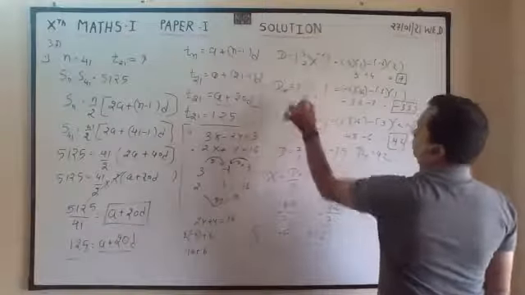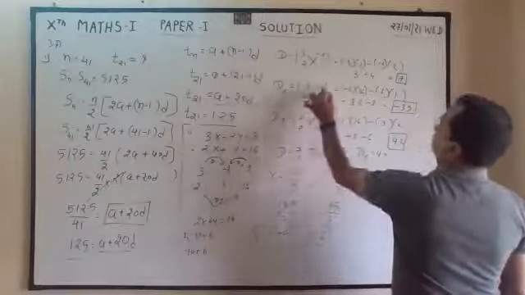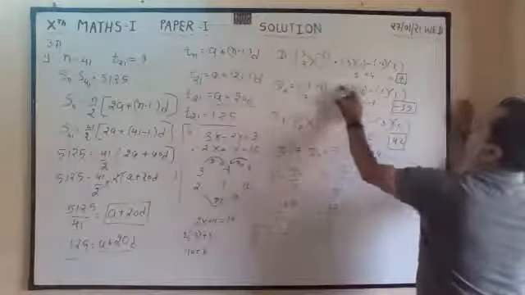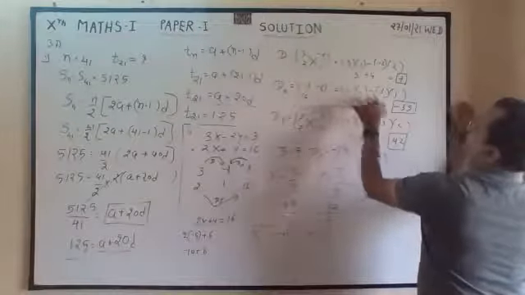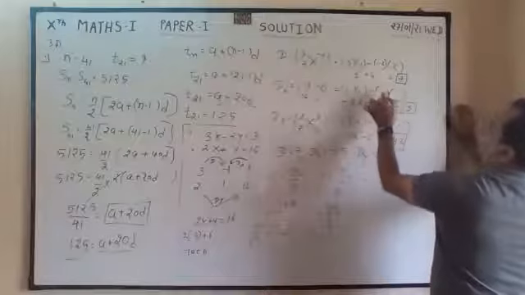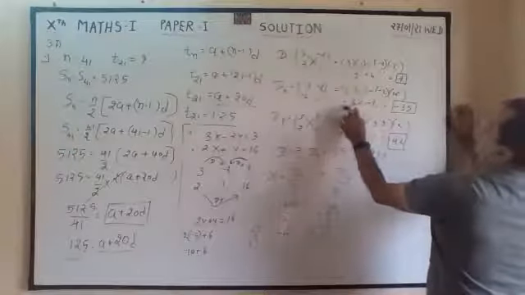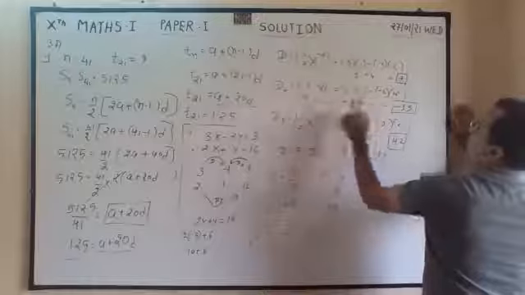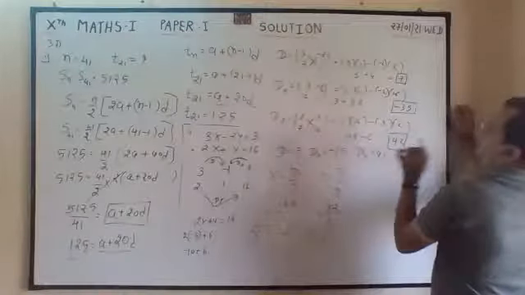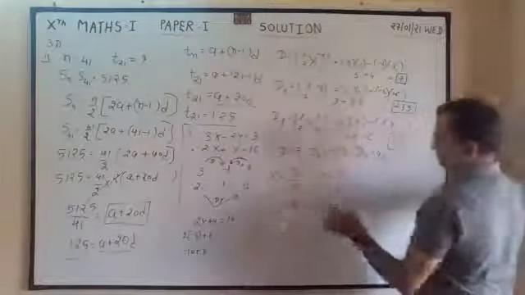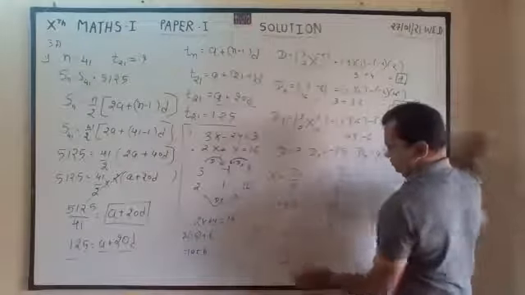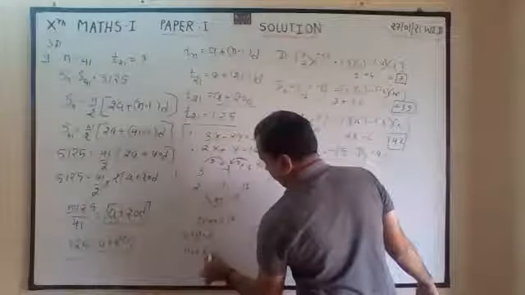So 3 16, sorry, minus 2 1. So 3 into 1 minus 2 16. So plus 3 plus 32, plus 35. So plus 35. Now see, it is plus. It is correct.